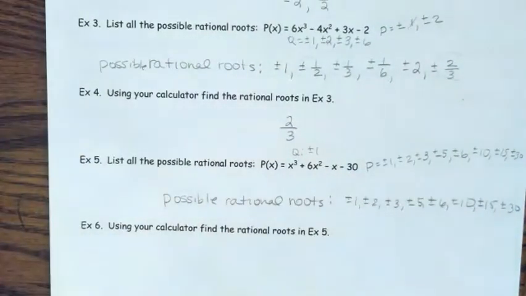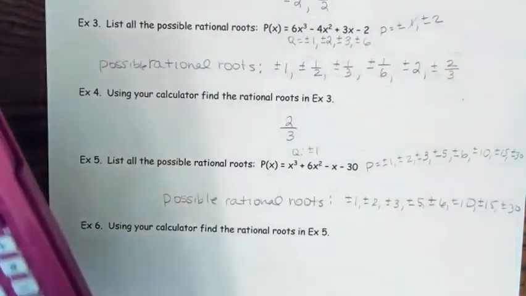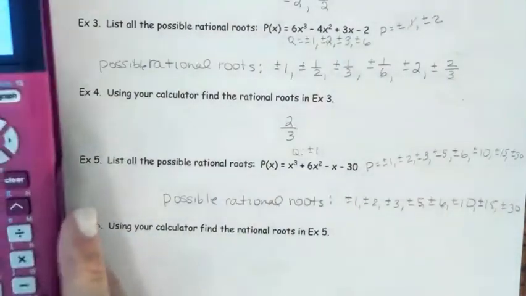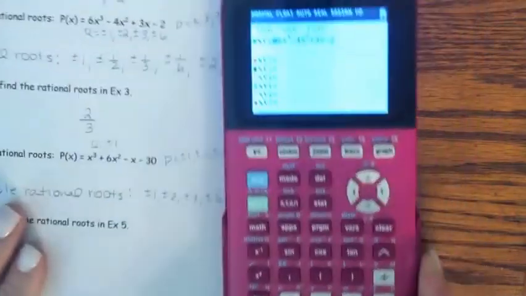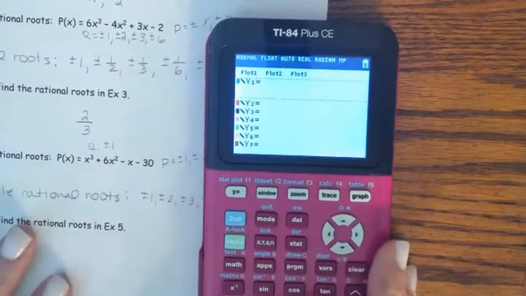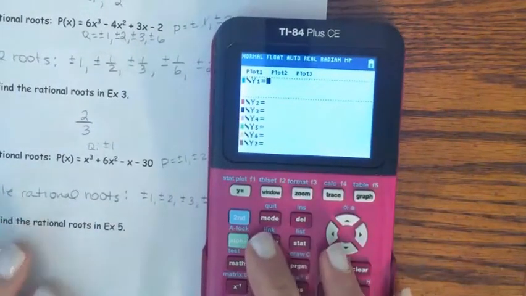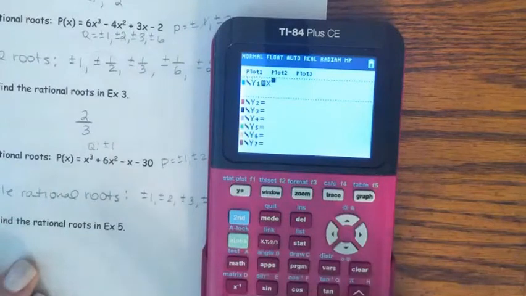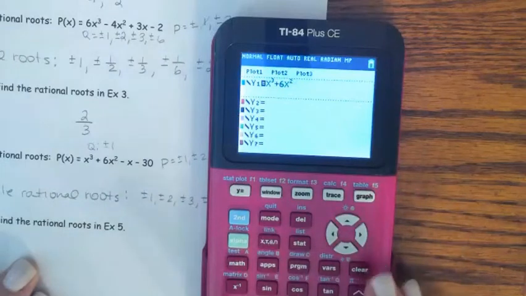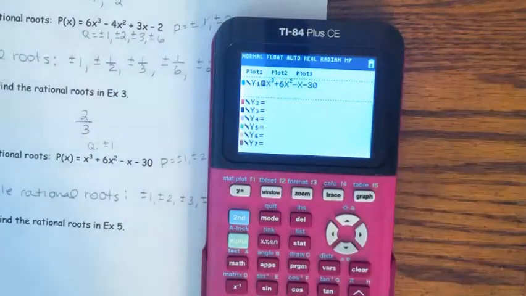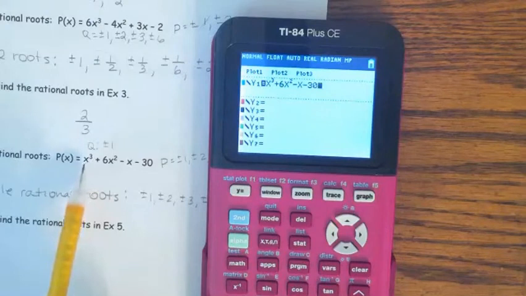Then we're going to use our calculator. We're going to find those actual rational roots. So let's type that in. So x to the third plus 6x squared minus x minus 30. Again, because this is an x to the third, the most roots it can have, the most x-intercepts it can have is 3.